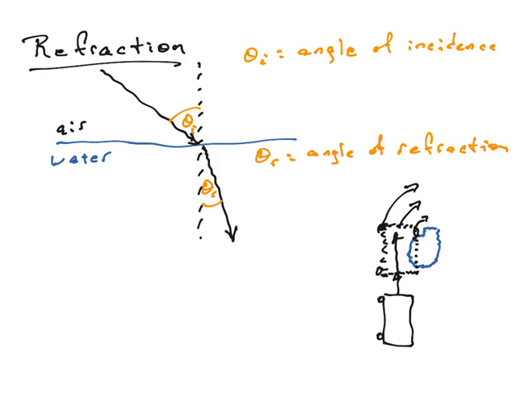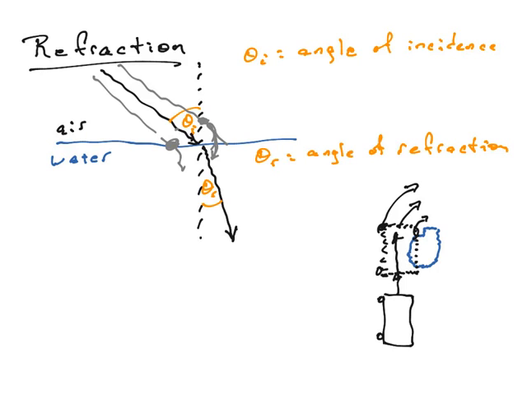If you imagine the light as a kind of thick beam, then this side of the light hits the water first, let's say, and slows down relative to this right side, which hasn't hit it. So it kind of tries to turn the light a little bit towards the water, in the same way as the car when the right side of the car hits a puddle.